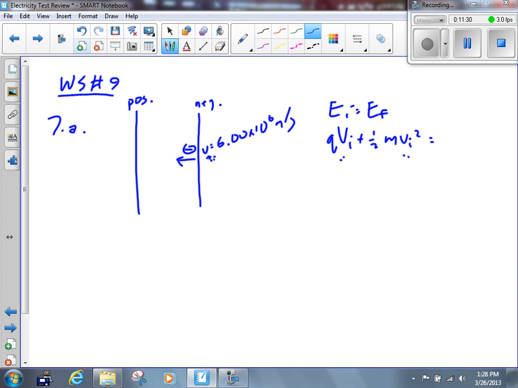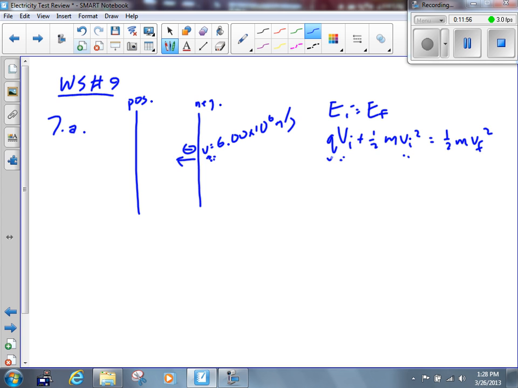EF, well, when it reaches the other plate, we're going to say that it has only kinetic energy. You could say that it has potential as well if you wanted to. But the potential difference, the difference between the initial and the final, any way you look at it, would have to be 20 volts. Whether you go with 20 and 0, which is what I'm going to do, or whether you go with 37 and 17, it doesn't really matter as long as the difference is 20.